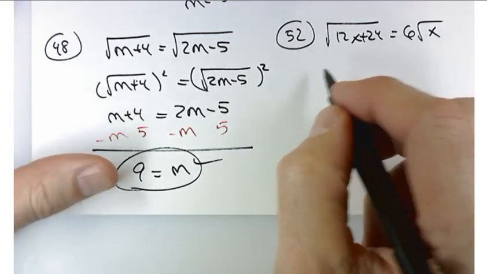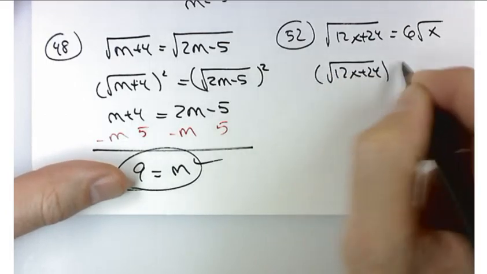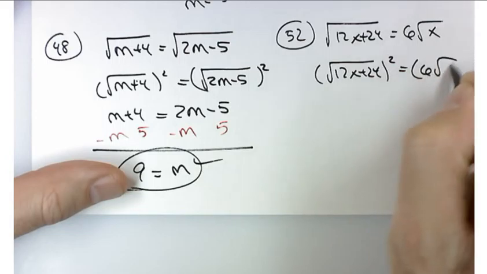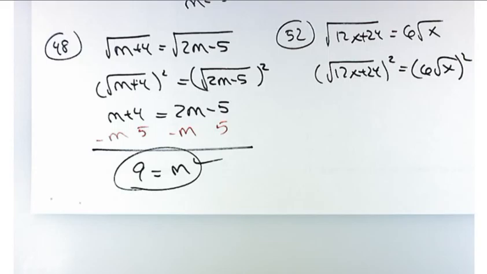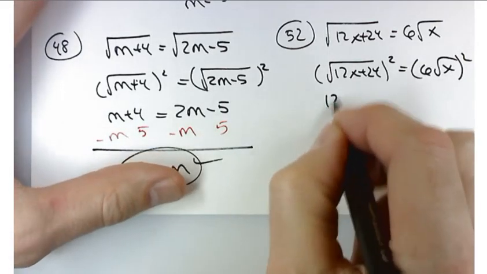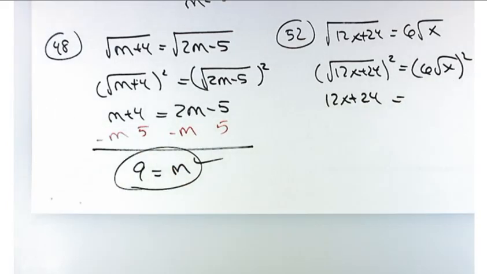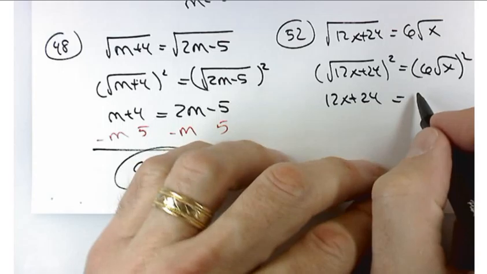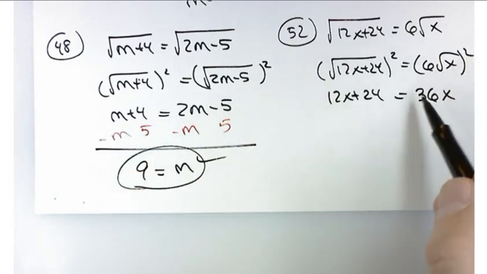So, square both sides. The left-hand side is pretty simple. It's 12x plus 24. But how about the right-hand side? What do we get when we square the right-hand side? 36x. You have to square each of these individually.